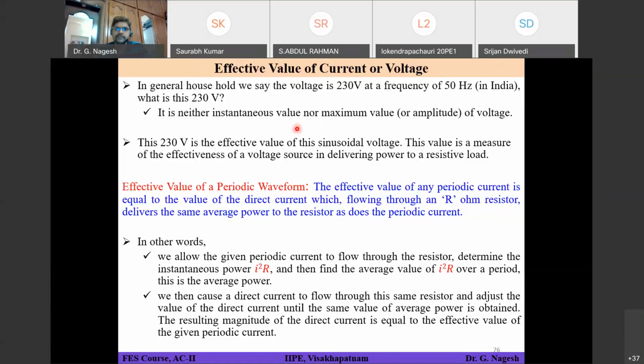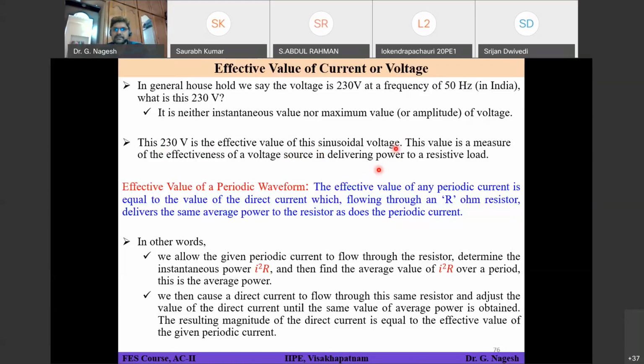This 230 volts is the effective value of a sinusoidal voltage, any sinusoidal voltage. If 230 volts is told, then it is called the effective value. There is one more name for effective value also, that we'll see later.